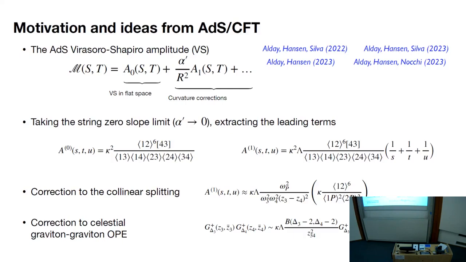From these two terms, we can extract the corrections to the collinear splitting functions with the cosmological constant. With these corrections, we can deduce how they affect the celestial graviton OPE in the presence of the cosmological constant, which takes this form.